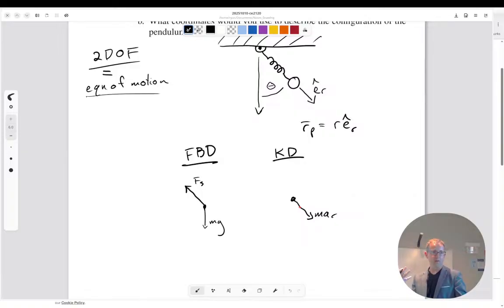So one of the components is just how fast is it moving away from the origin, like MAR. What's the next component? Where does that one point? An MA theta, yeah?